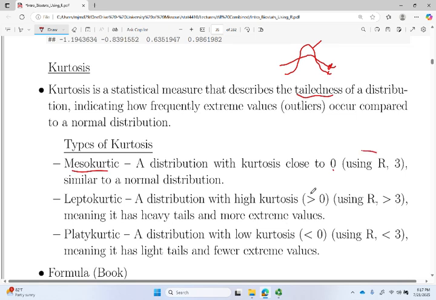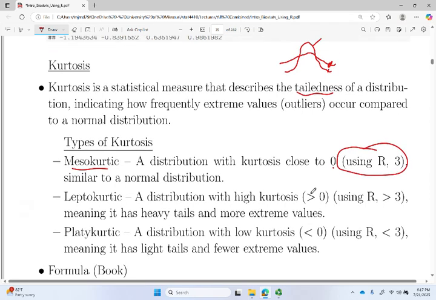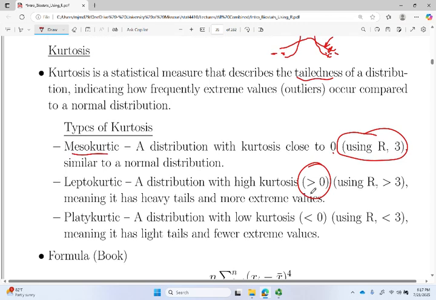The default function in R, I'll explain that in a second. Now, leptokurtic says that the tails are heavy. If we have a t-distribution, which has fatter tails than the normal, it will have a positive value for kurtosis, meaning we're more likely to see observations out here in the extremes.